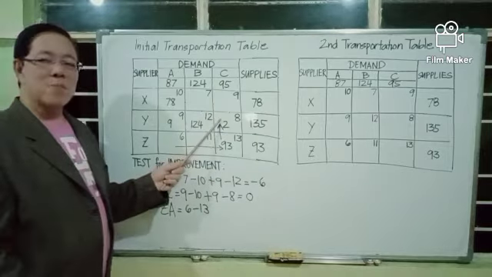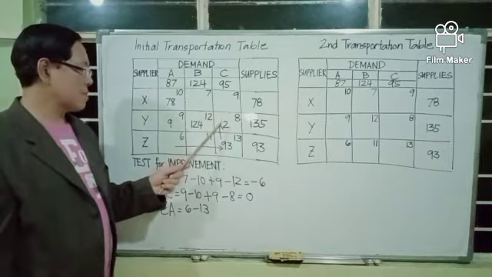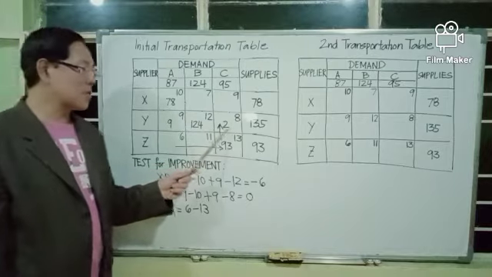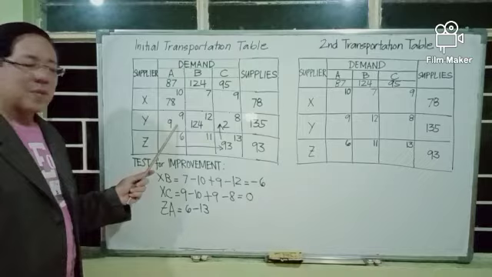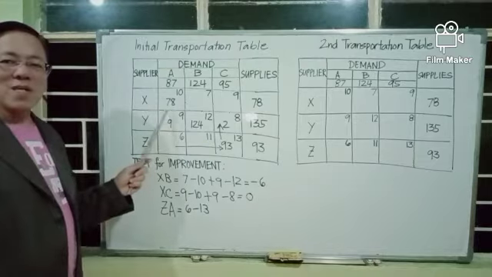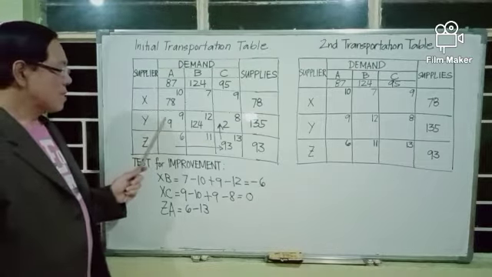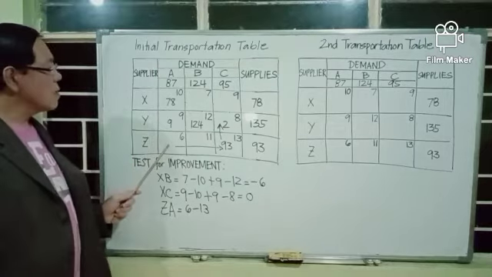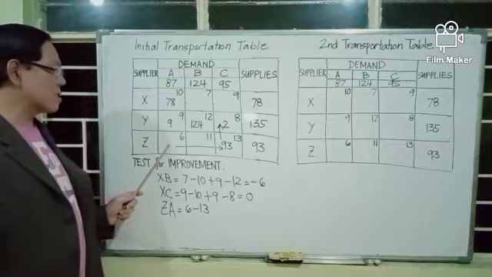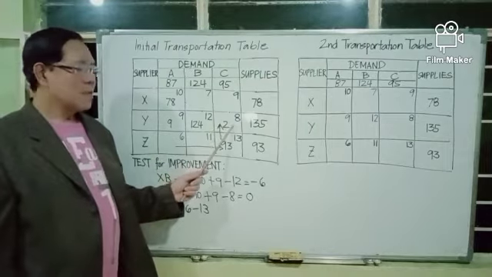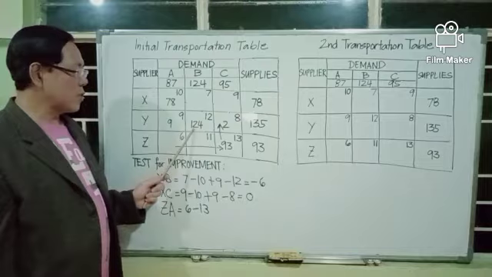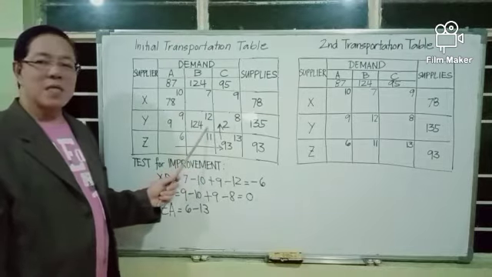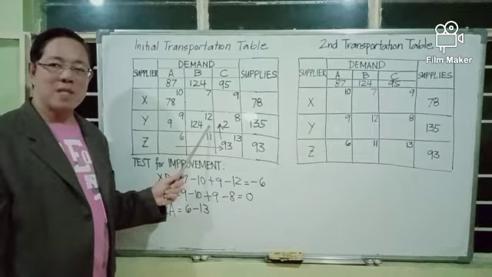After this vertical movement, the next move is horizontal. And again, from this cell with 2 units, we move horizontally to the left, straight to this cell with 9 units, because we should be able to return back to where we started, which is this vacant cell ZA. So we skip 124. If you move from this cell to 124, the next step is vertical movement.